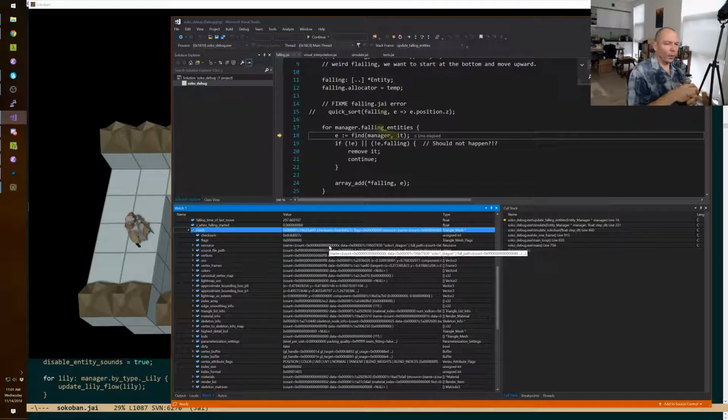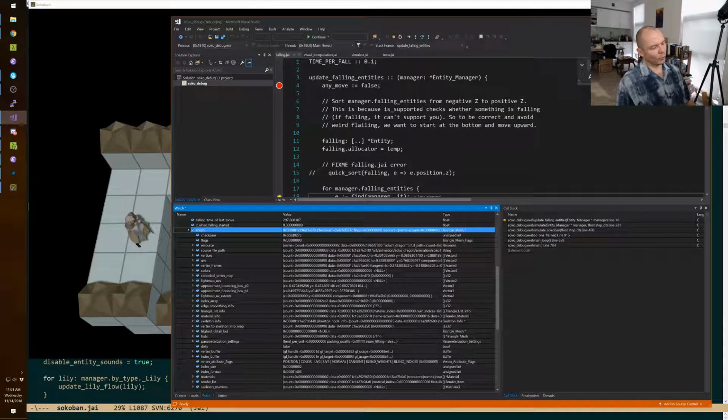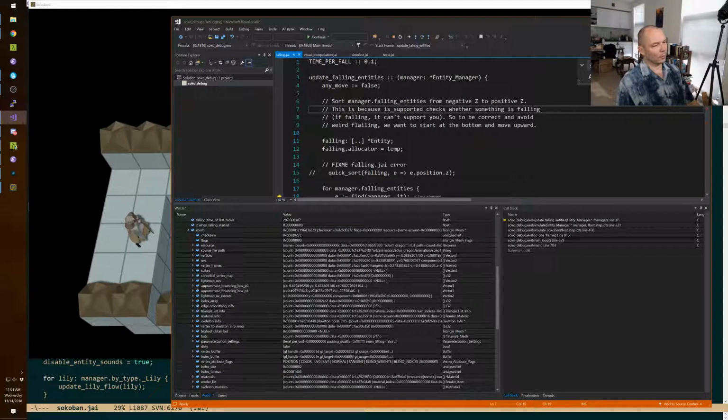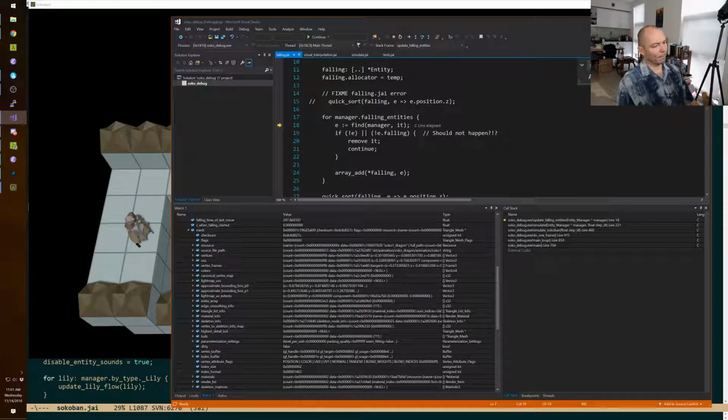Which means something is messed up in the... Both of the dragons are falling, but we never call start falling. Maybe we messed up and saved the level with them set to falling, but then they should stop falling.